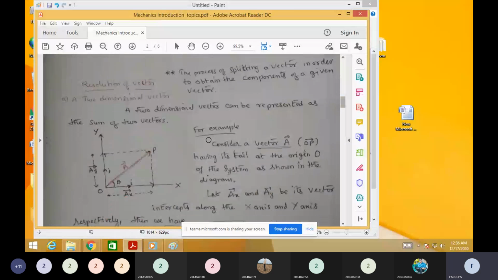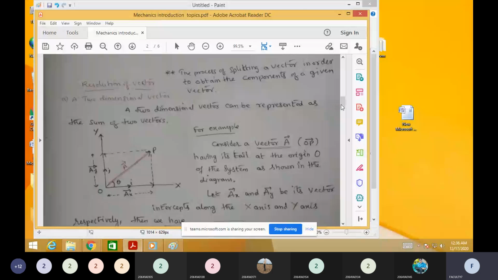Under this, we took a particular vector. There we got two components, the ax component and the ay component: a component along the x-axis and a component along the y-axis. Components mean the intercepts.